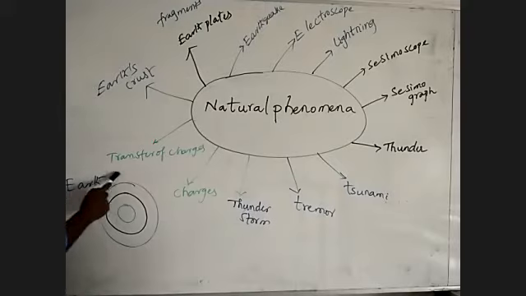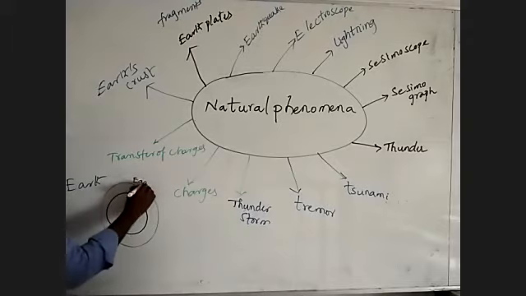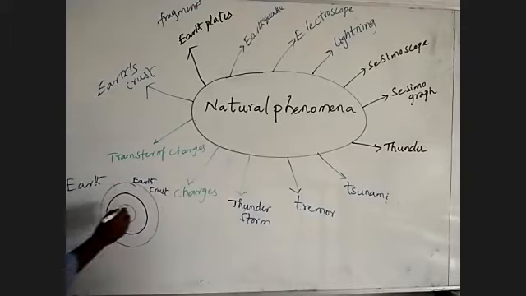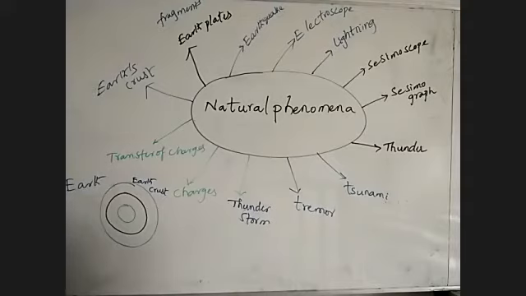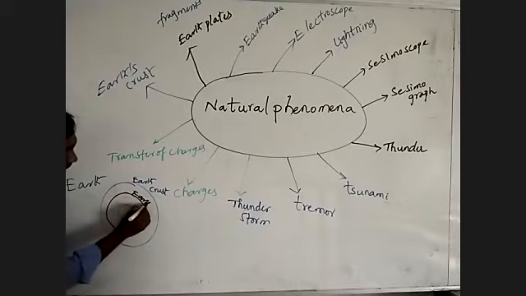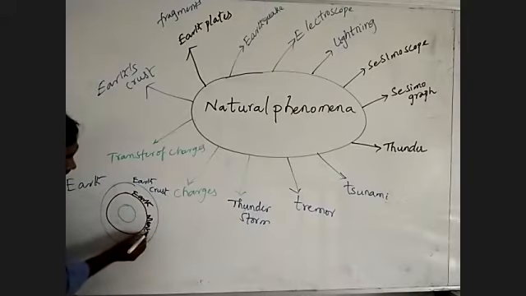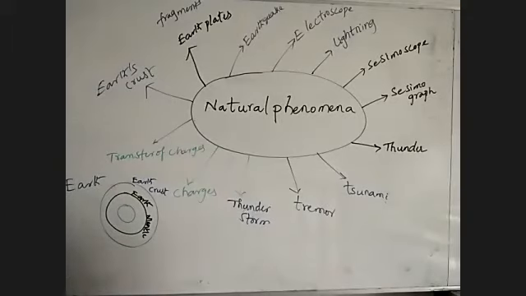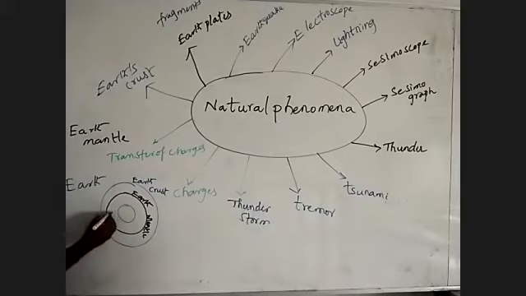See here what I'm saying. The outer surface of the earth is nothing but the earth crust. Already we discussed that. And the second thing, the middle layer of the earth, we are calling earth mantle. The inner part, the center part of the earth, we are calling earth core.